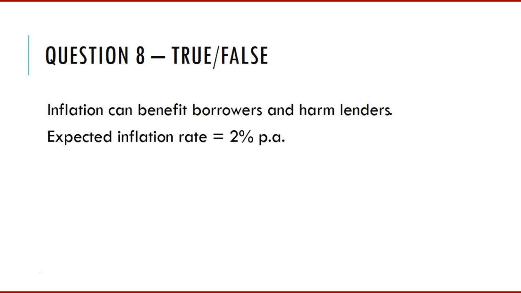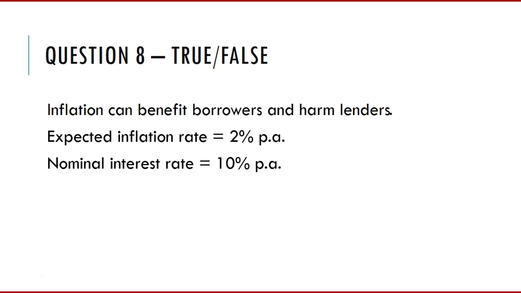But we could even keep it simpler than that. Let's say you lend money to your friend. Now let's say you expect the inflation rate is going to be 2% over the course of the year, 2% per annum. So you think to yourself, okay, what I'll do is I'm going to lend you some money, and I'm going to charge you, my friend, in inverted commas, 10% interest per annum on that loan.